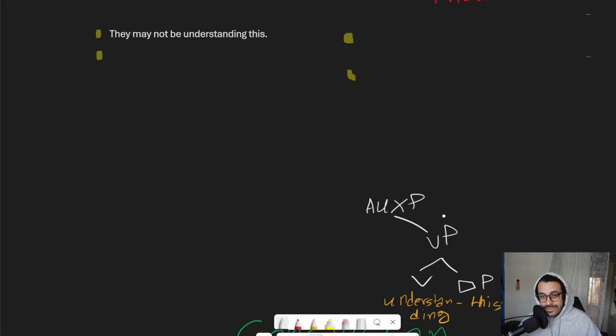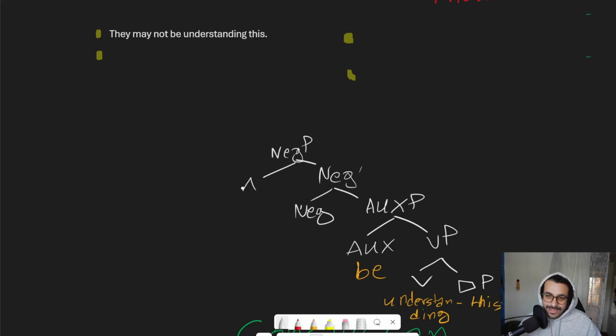It's written like this usually, AUXP, and then it's headed by AUX, or auxiliary, whatever you want to call it. And this auxiliary in our scenario is the verb to be. Then after this, we're going to go into that whole shenanigans of the neg bar, and then the neg head, and then the neg P, and then the adverb, and all of this for nothing because it's empty.